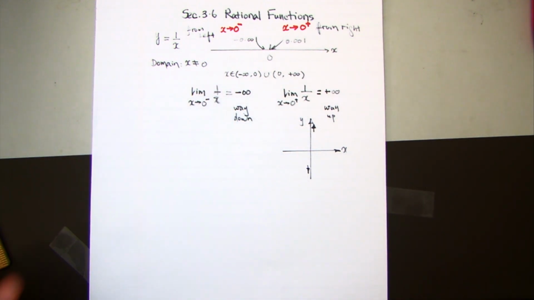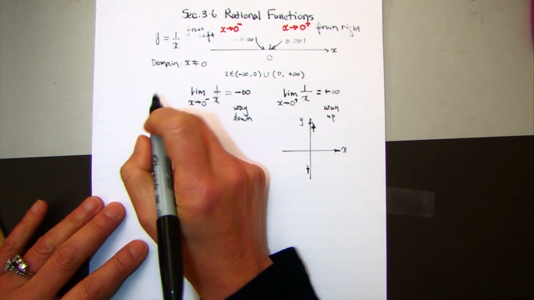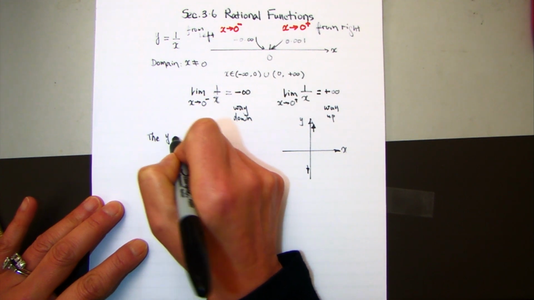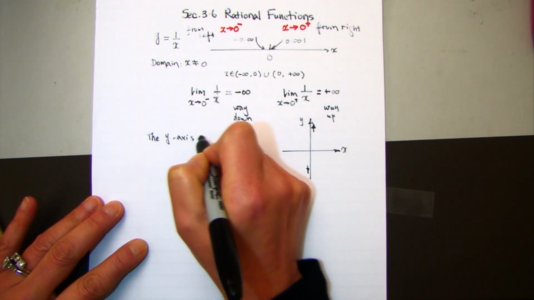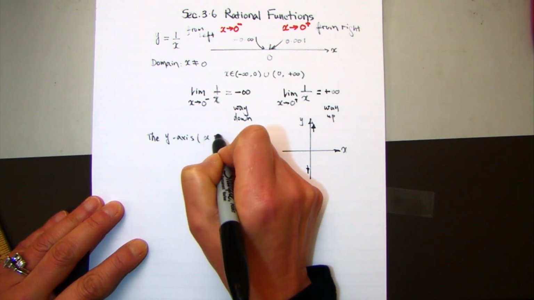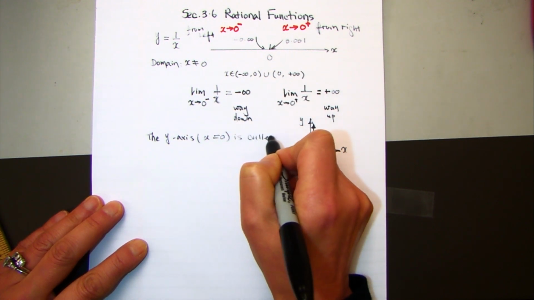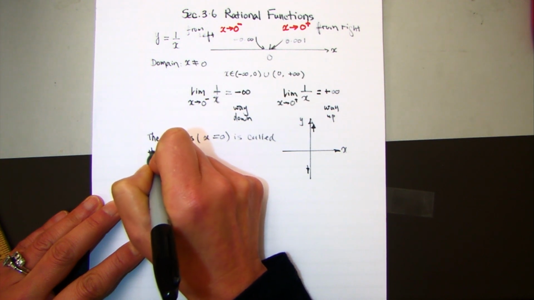Okay, all right, so now let me write your note here, new terminology. The y-axis, or you can also call it x equals 0, is called the vertical asymptote.